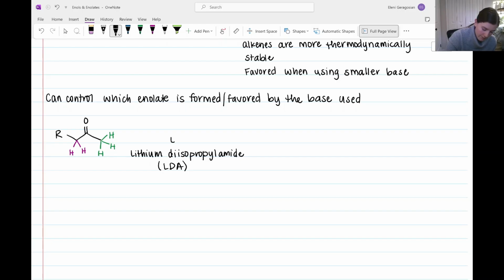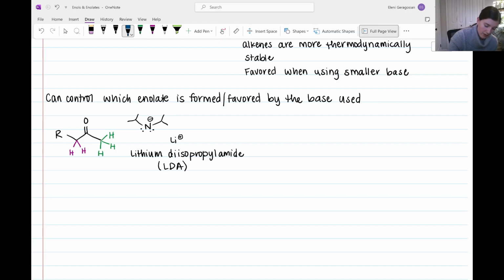Well, we have lithium. Lithium has a +1 charge. We have diisopropyl amide. We have a nitrogen with 2 isopropyl groups. And then we have a positively charged lithium, so we must have a negatively charged nitrogen. So that nitrogen has 2 sets of lone pairs.